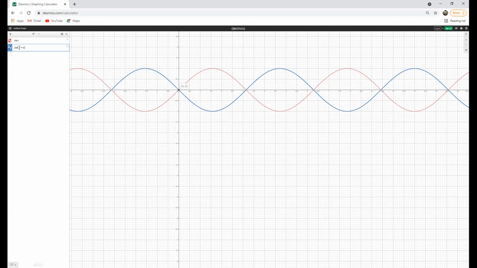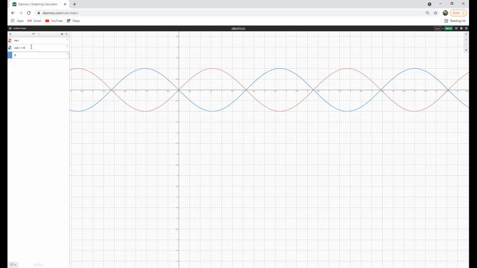If I plug in, for example, pi here, I get sine of 2 pi, which is 0 again, as you can see here, pi and 0. If I plug in 2 pi, I get 0 again. What if I plug in something like pi over 2? Sine of pi over 2 plus pi is 3 pi over 2. Sine of 3 pi over 2 is going to be -1. So instead of having a maximum value, I end up with a minimum value. This is the behavior of sine of x plus pi.